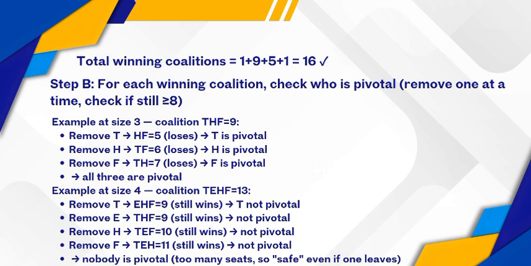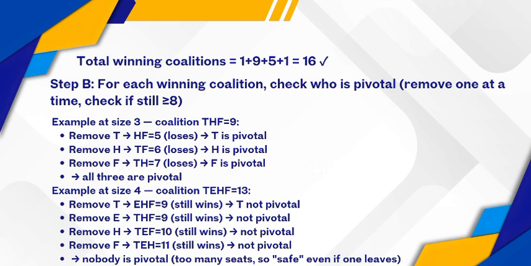Now, if we remove law, we're left with 5 seats. That's a loss. So law was pivotal. If we remove social science, we get 6 seats. Still a loss, so social science was pivotal too. And if we remove medicine, we get 7, also a loss. So in this coalition, all three faculties are pivotal.